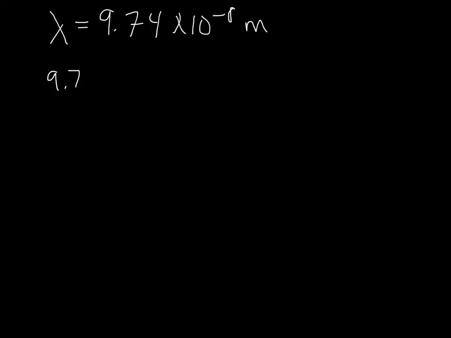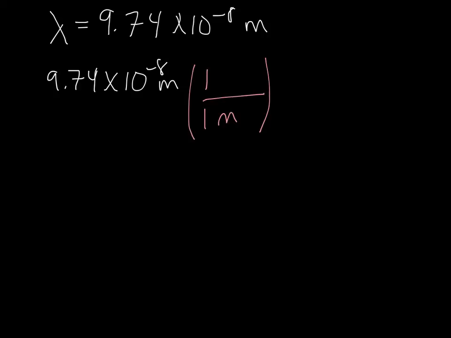So 9.74 times 10 to the negative 8 meters, and we use 1 meter is equal to 10 to the 9th nanometers. When we multiply that out, we get 97.4 nanometers. That's a pretty short wavelength. So big energy transition, short wavelength photon, quite a bit of energy.